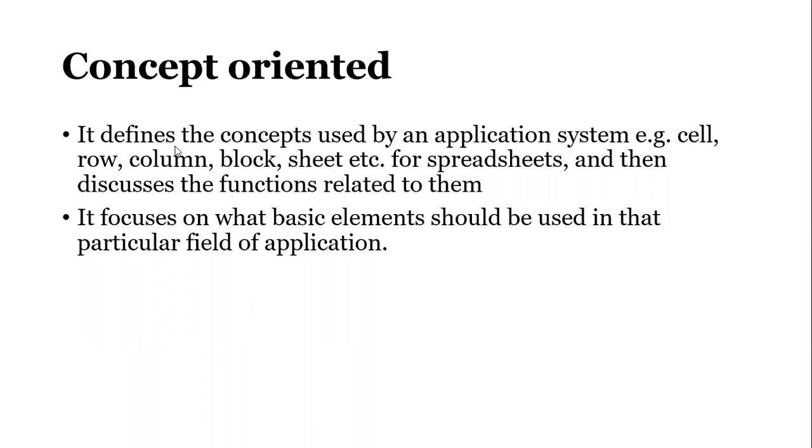For example, a cell, a row, a column, a block, and so on and so forth. Translate this to all other applications. Let us look at another subject, let's say networking. You may want to look at things like a router, a switch, traffic, packets, all the different concepts that you may find.